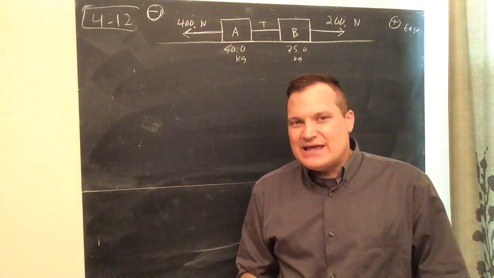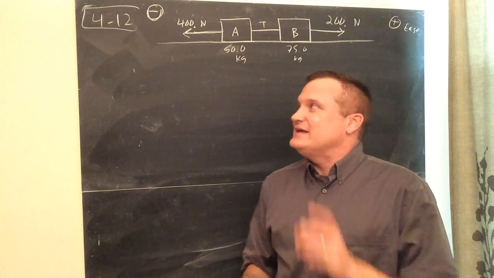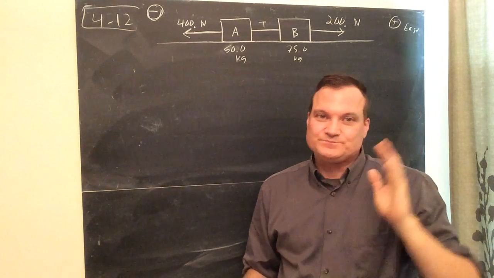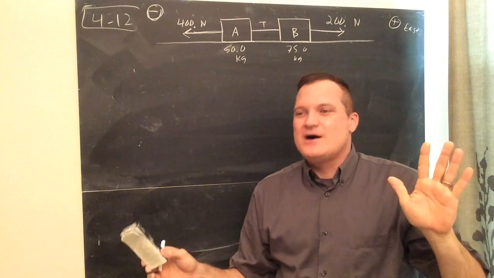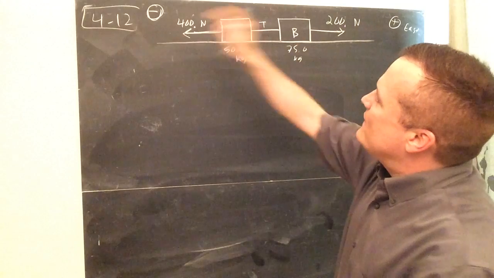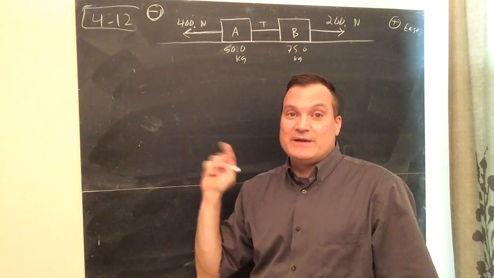So when I calculate my acceleration, it should be negative, meaning it's going to go in the negative direction. If you ever set everything up like I did, positive that way, negative that way, and it's going to go that way, your acceleration will be negative.